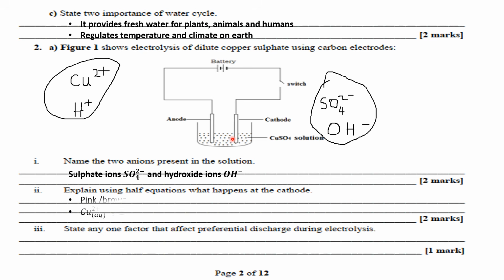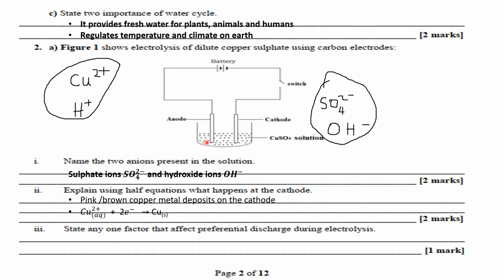So according to the question, you need to indicate that pink, brown, or red, you can also say red copper metal deposits on the cathode. Remember the cathode, this is the cathode connected to the negative terminal of the battery, this one. The switch being closed, you will see a metal forming on this one. All right, so by saying pink, brown, copper metal deposits on the cathode, you get 1 mark.